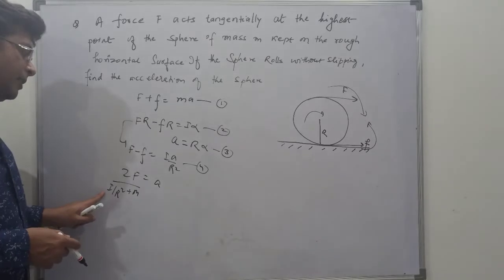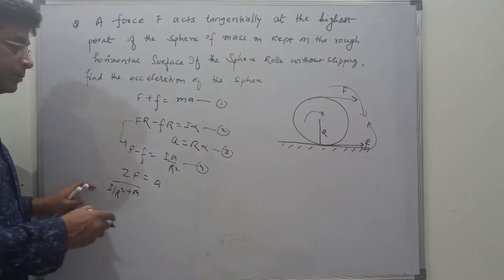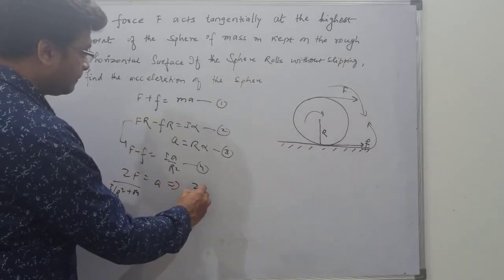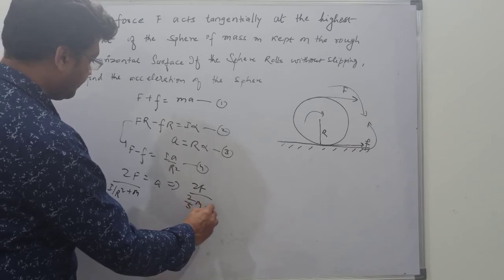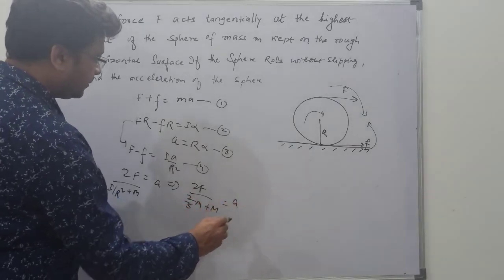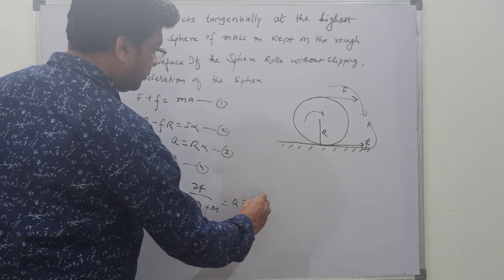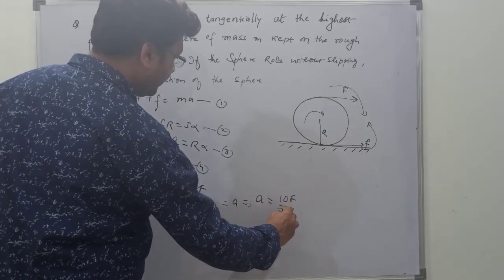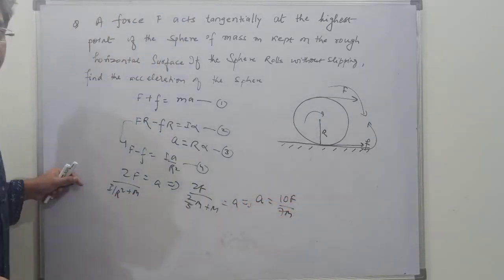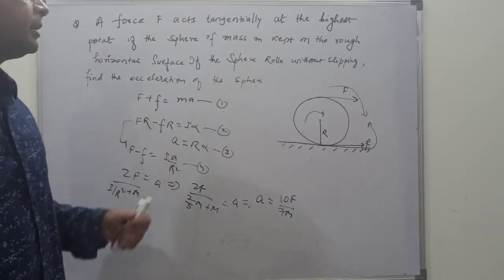In place of I, we can put 2 by 5 mr square. So this is coming out to be A is equal to 10F by 7. Got it? It's a very important question. Please note it down.